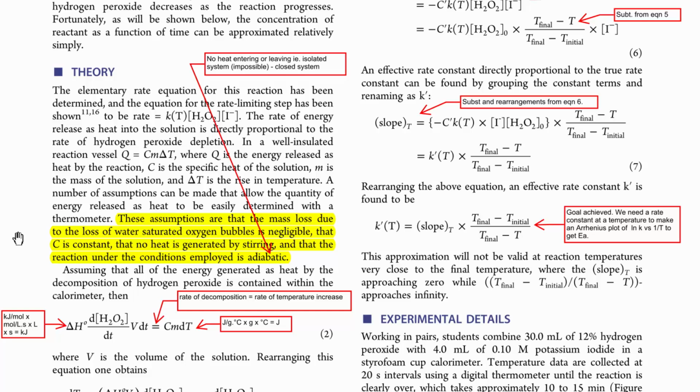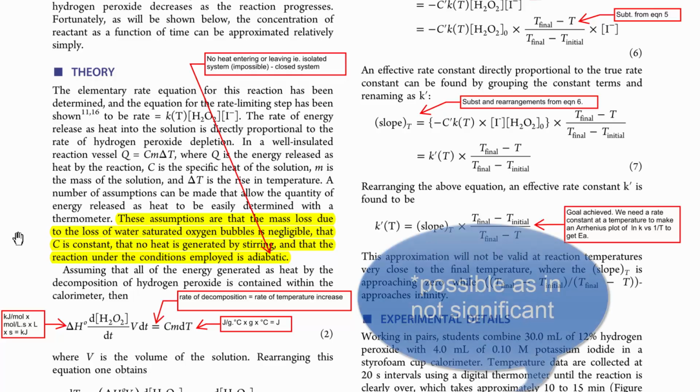And the reaction under the conditions employed is adiabatic. So I looked that up. That means there's no heat going in or out of the system. So it's not just a closed system. He's saying it's an isolated system, which is just impossible. But I guess if you're using a calorimeter, that's possible.